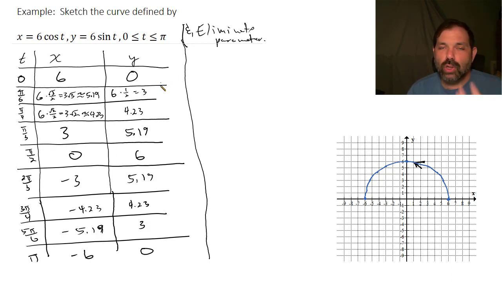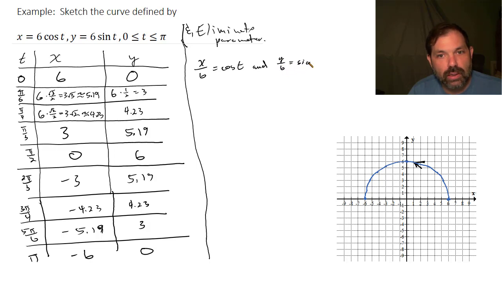I mean, we can try and solve either of these for the t. The issue is that if we do that, we're going to have to use inverse functions, and that can cause a mess. But if I notice, let's divide both sides of both equations by 6. So x over 6 is equal to cosine t, and y divided by 6 is equal to sine t.